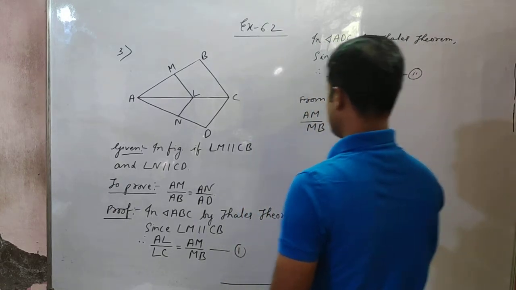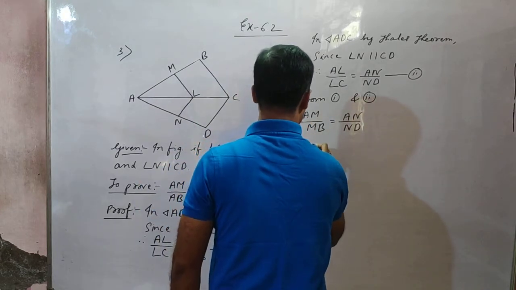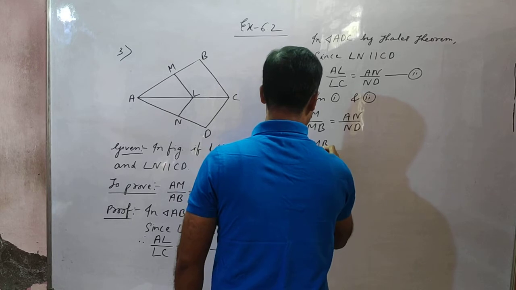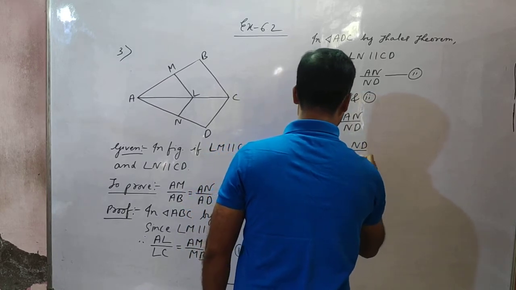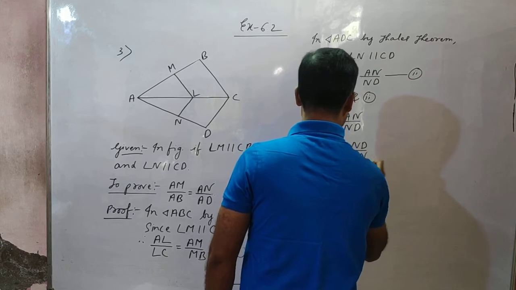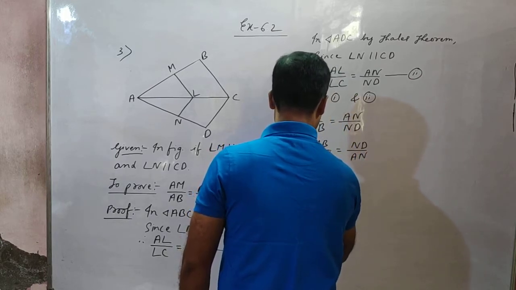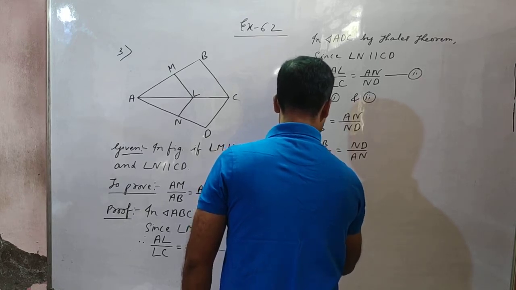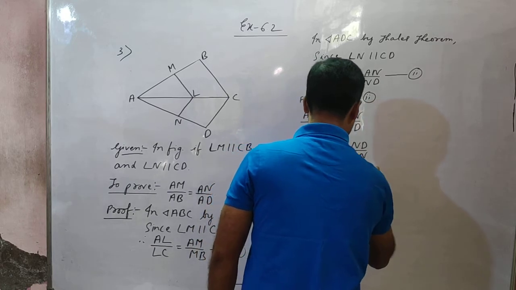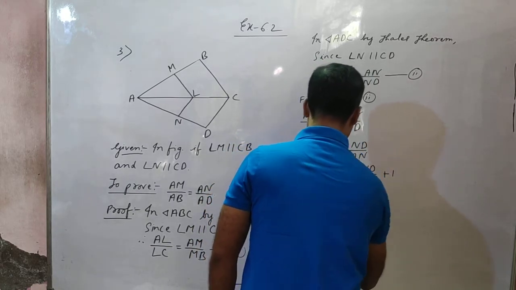So what we need actually is AB, isn't it? AM by AB we need. So what we will do is, friends, we just reverse both sides. MB by AM is equal to ND by AN. So on both sides, then we will add 1: MB by AM plus 1, ND by AN plus 1.